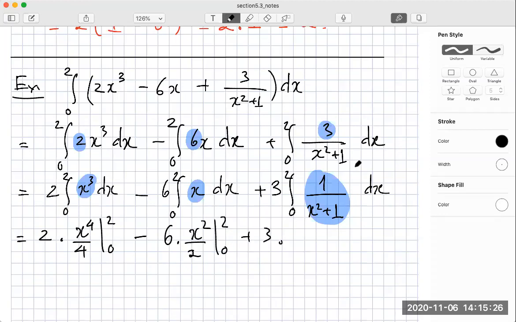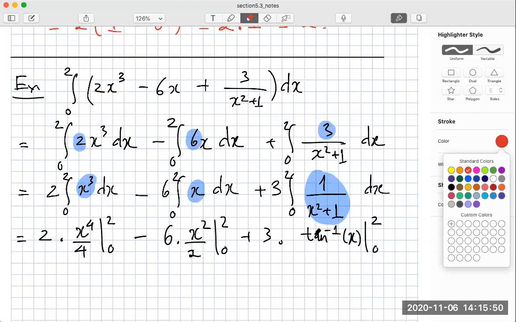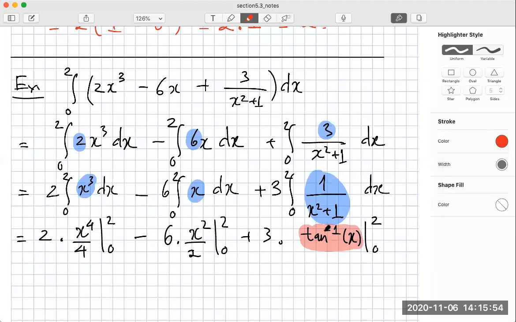And here, the last one. Do you remember? Yeah, you can look at the table. Inverse tangent of x here from 0 to 2. Okay? So go home and look at the derivative table. You will see this guy.